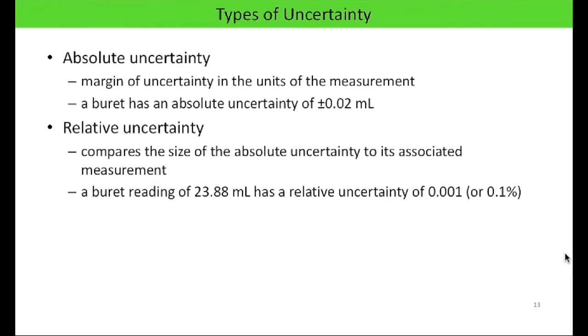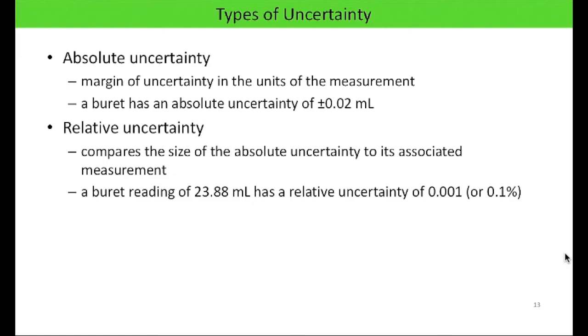So if you were to take any measurement, for example 20.03 milliliters, you can tack on a plus or minus 0.02 milliliters on the end of that, because that is the uncertainty in that measurement itself. So it could be 20.01 milliliters, it could be 20.05 milliliters.